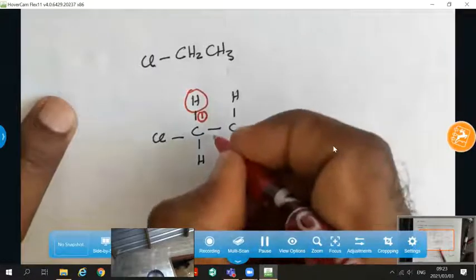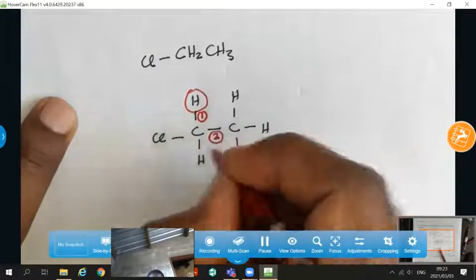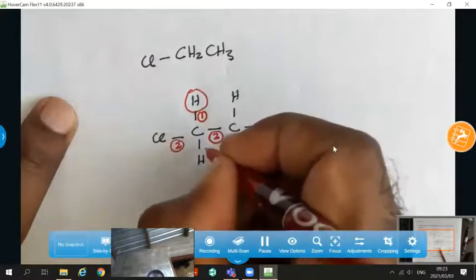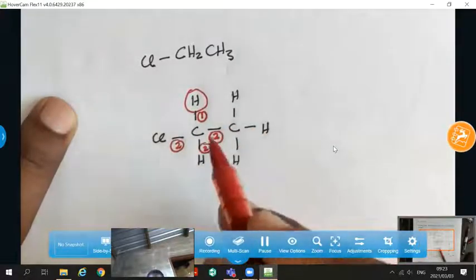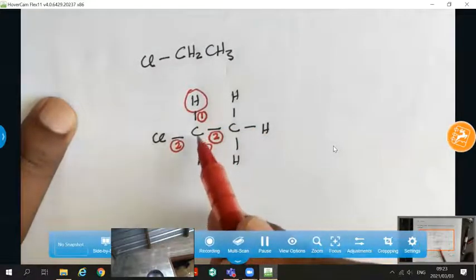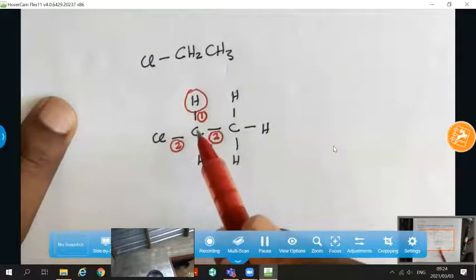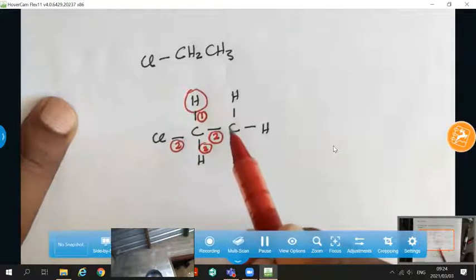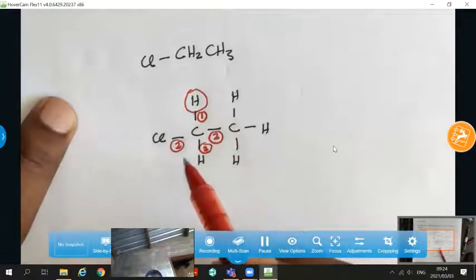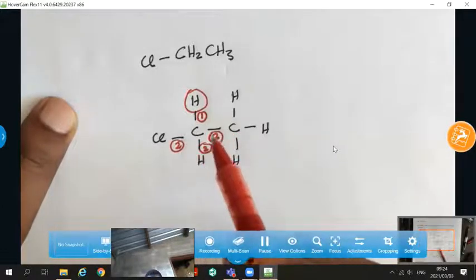But if I go 2 bonds away, that's my second bond. The second bond is formed by the atoms that the carbon is joined to. So can you see this is my first bond, and these are the second bonds.